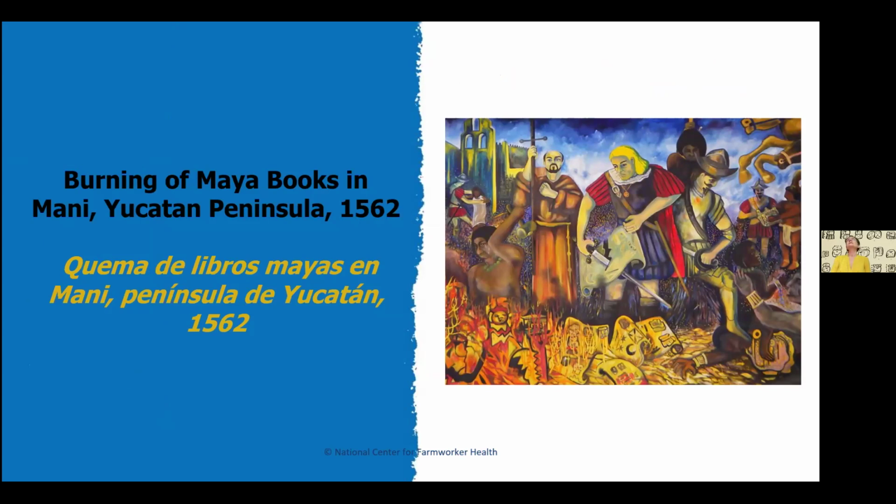And one kind of violence that maybe isn't spoken about enough is violence against knowledge, or epistemic violence. In this slide, I focus a lot on the Maya in my talk.